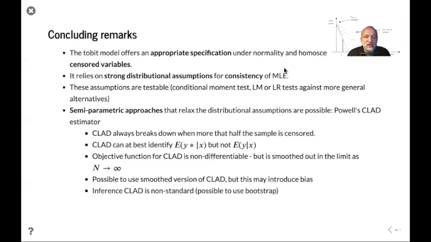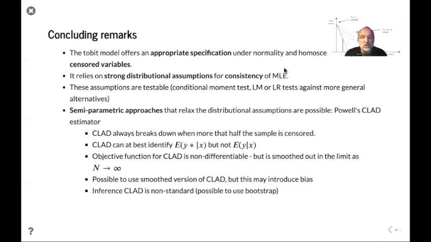Basically, CLAD can at best identify the conditional mean of y star given x, that is x beta. If you estimate beta, you got what you want, but you can never hope to get the conditional mean of y given x in a censored sample, because then you need to impose restrictions about what the underlying distribution of the disturbances or the error term is.